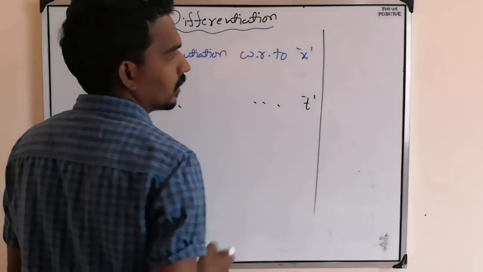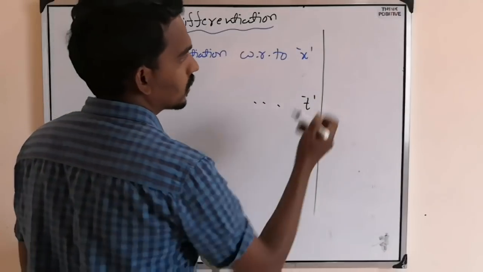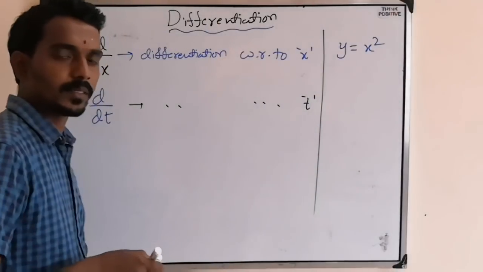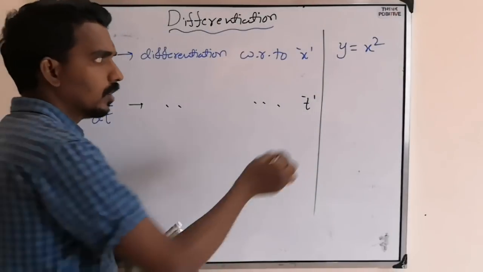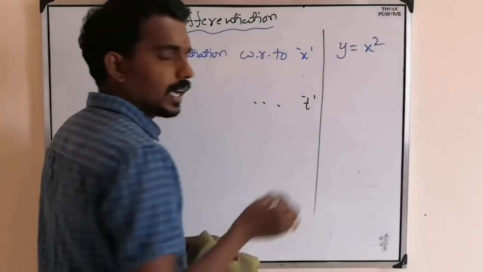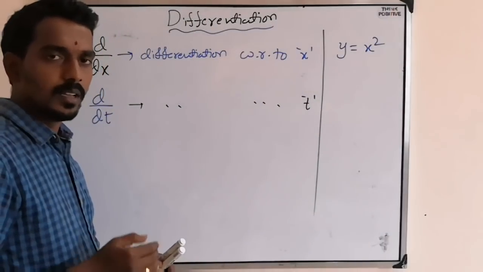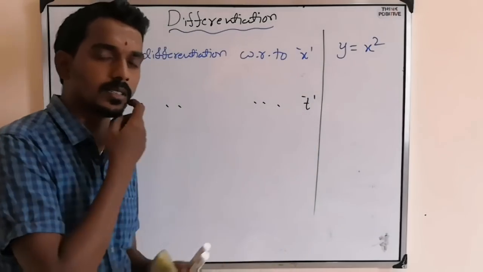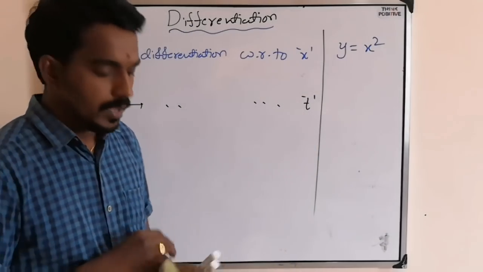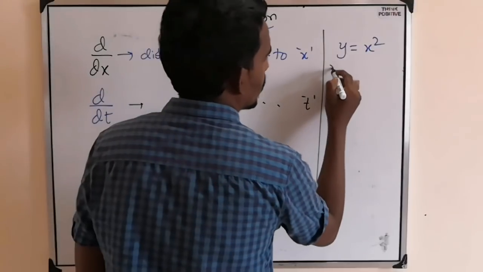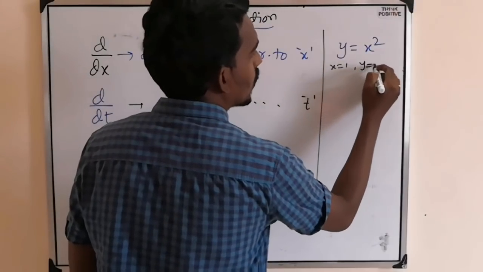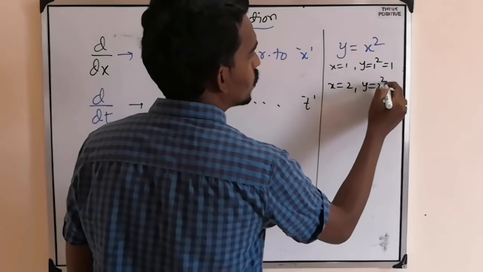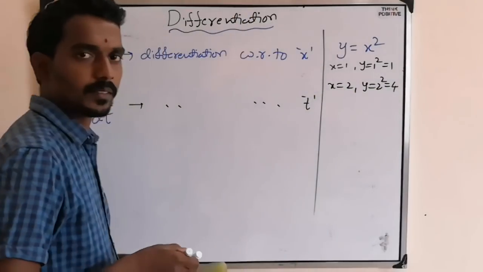Now take one function, y equal to x square. Now y is depending on x. When x changes, y also changes. Suppose when x is 1, y is 1 square, 1. When x is 2, y is 2 square, 4.